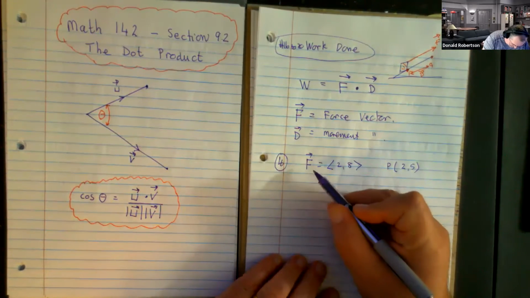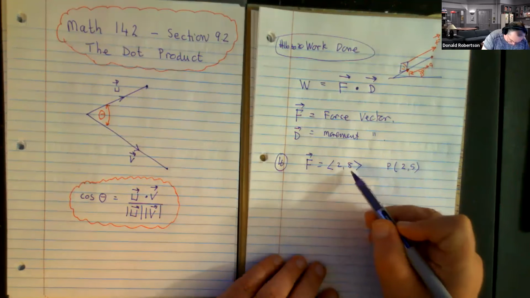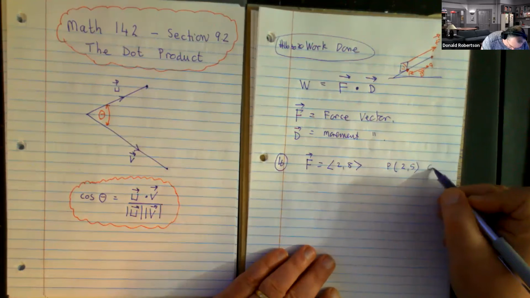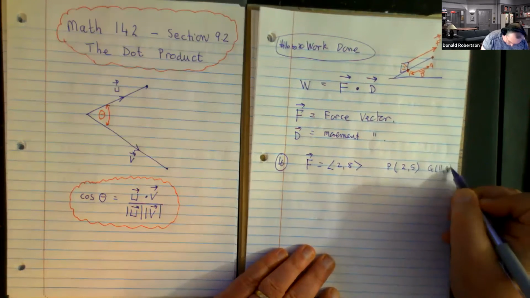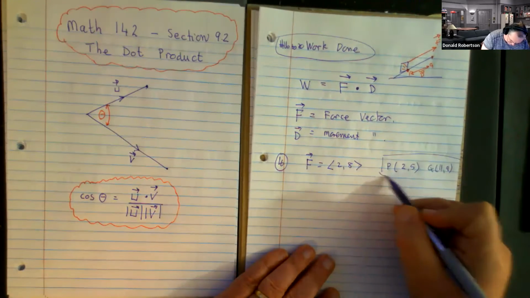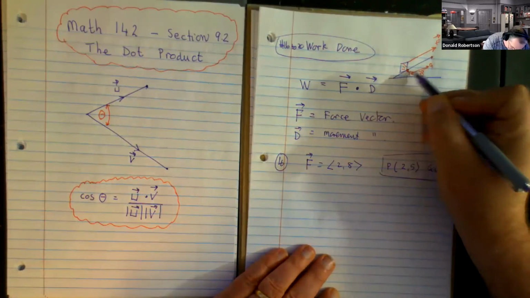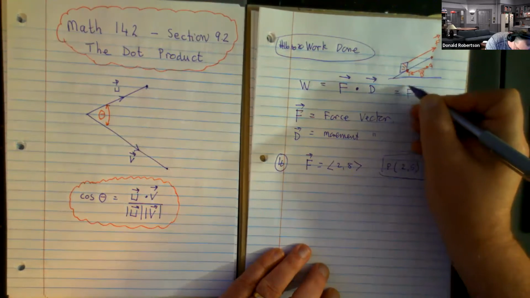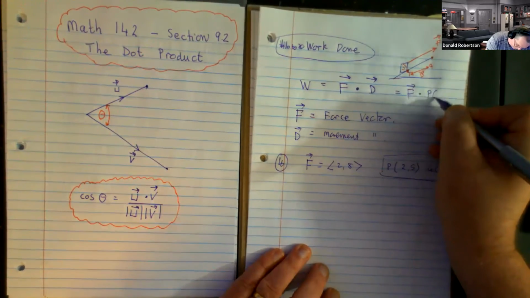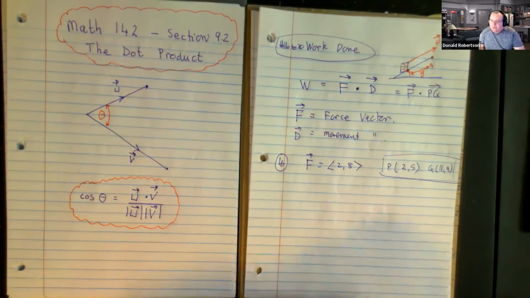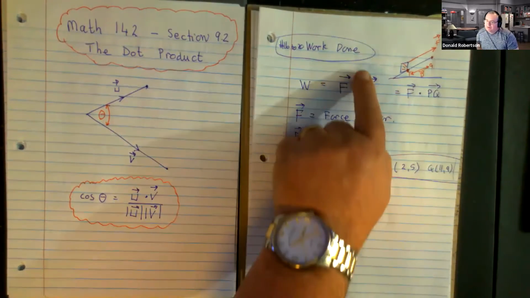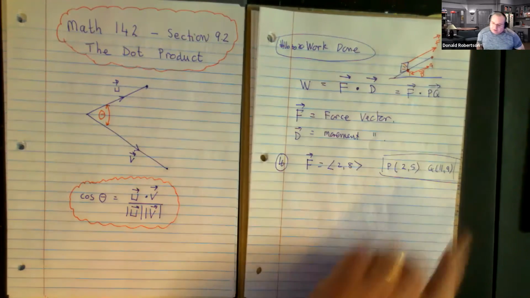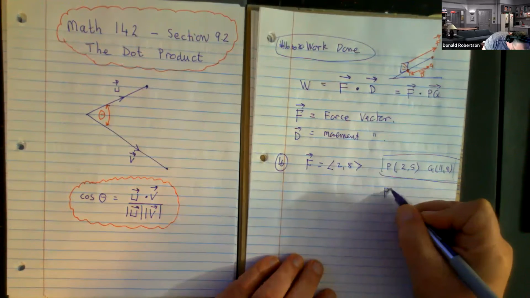So in question 16, the force vector is 2A, and we're going to move it from a point 25 to another point 11, 9. So these two guys, the start and the finish, that's like my P and my Q. I need to find out what that vector is. So in this case, it would be force vector, dot product with the vector P to Q. So I'm going to find the vector PQ.